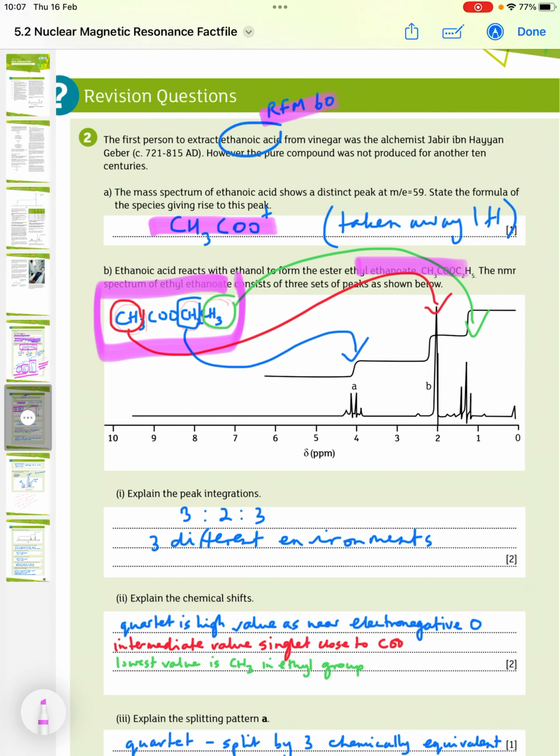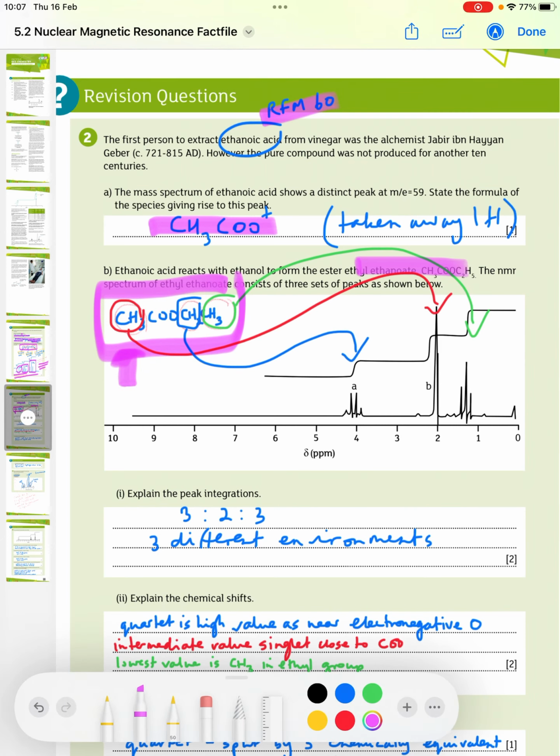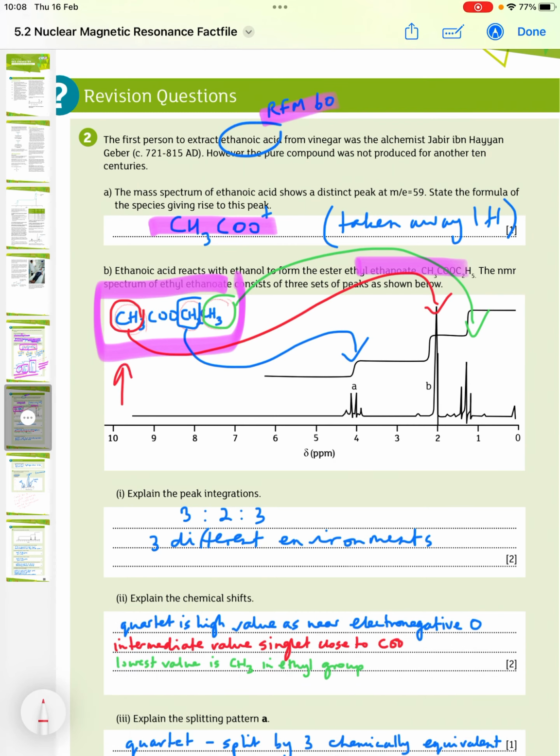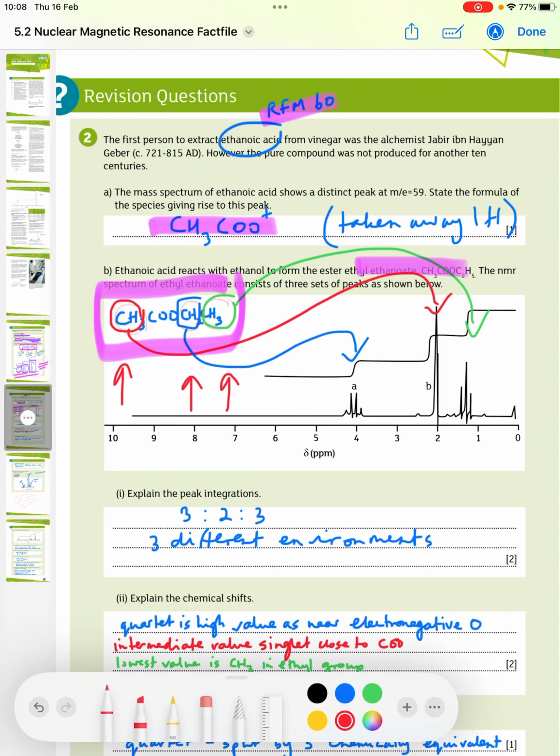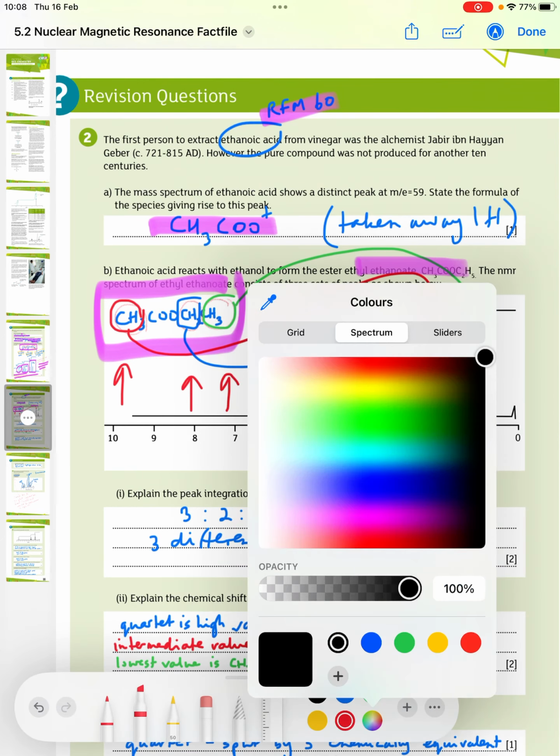So we've got 3 hydrogens in this environment. We have 2 here and 3 here, so it's going to be 3 to 2 to 3 for the ratio because of 3 different environments, and it's just as simple as saying that.